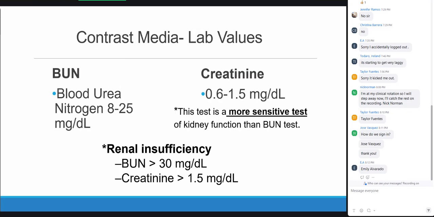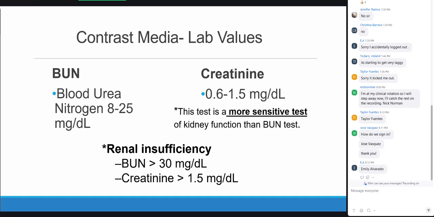Before administering contrast, especially iodinated contrasts, we want to have some lab values. For the BUN, the blood urea nitrogen level, how much nitrogen is contained within the system, 8 to 25 milligrams per deciliter is the normal range.